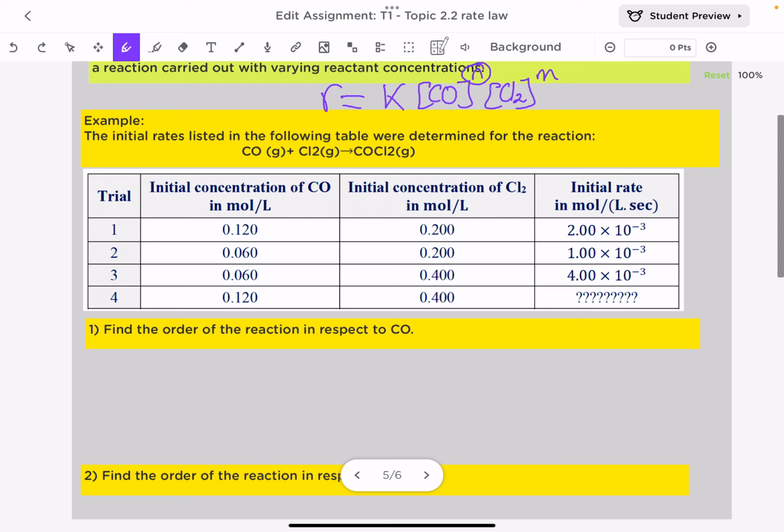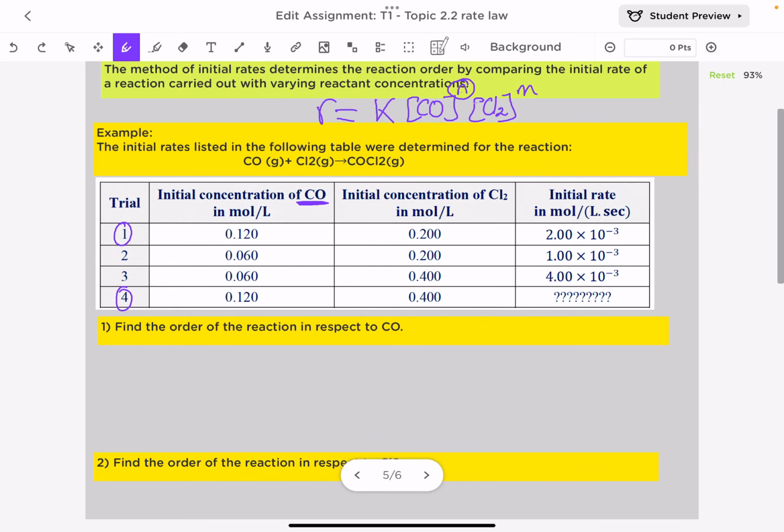I choose 2 trials where the concentration of CO is changing. This is 0.120 and this is 0.060. I can choose trial 1 and 2 because the concentration of CO is changing, or I can choose 1 and 3, or 2 and 3, or 3 and 4. However, that's not the only condition.